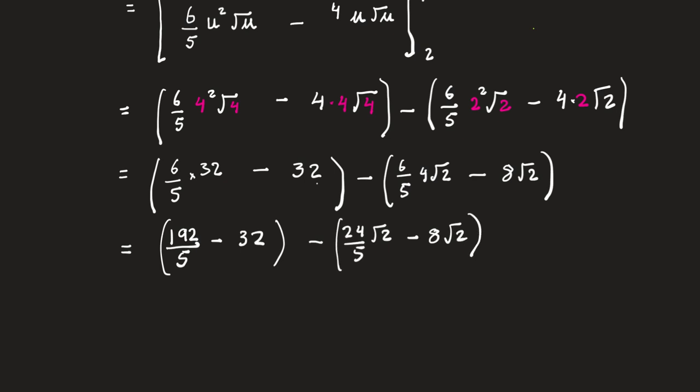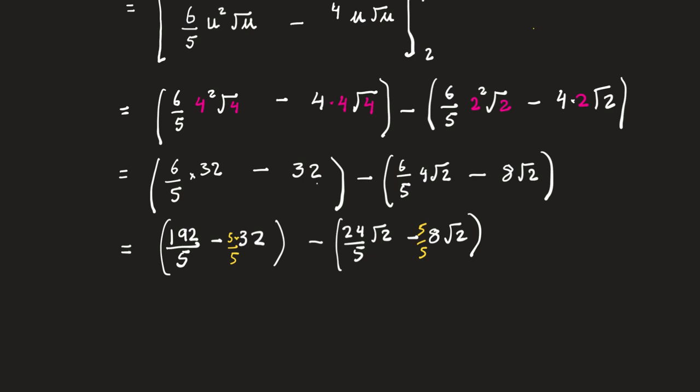Because I already know what the answer is supposed to be, because we're given the answer, I'm trying to manipulate it so that I'll get that answer. So I'm thinking I'm going to multiply everything by 5 over 5, and the same thing over here, 5 over 5.